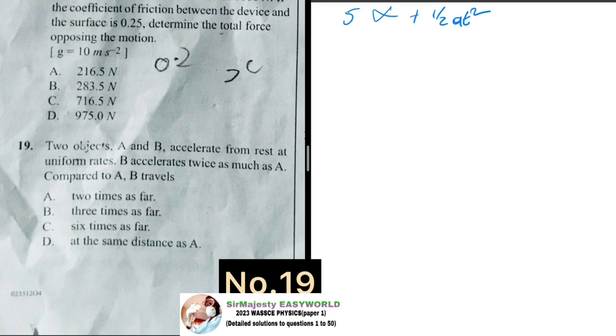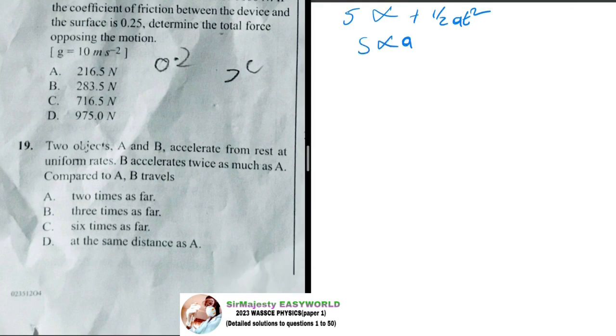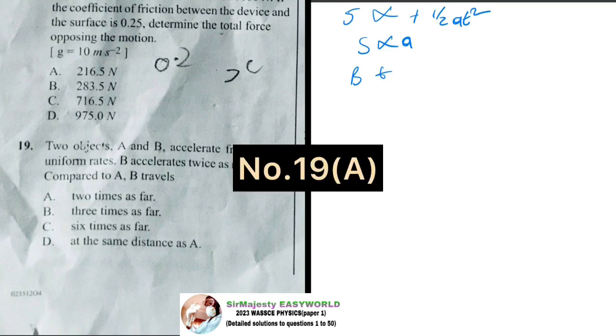That's directly proportional to half of a, which, removing all these other things here, is directly proportional to a. So if B accelerates twice as much as A, B also travels twice as much as A. So the correct answer to this question should be 2 times as far. So the answer is A.